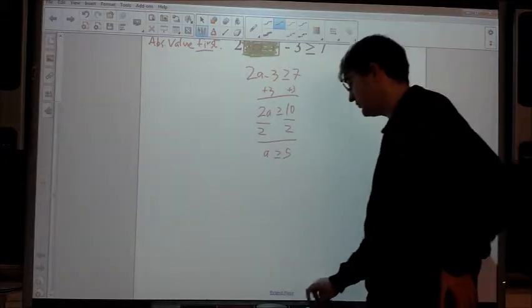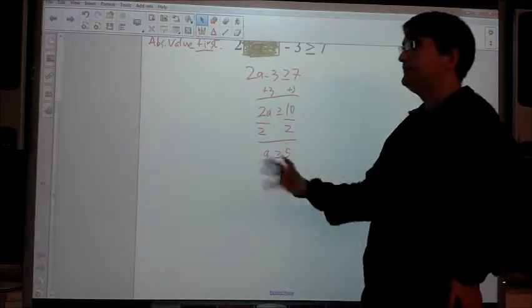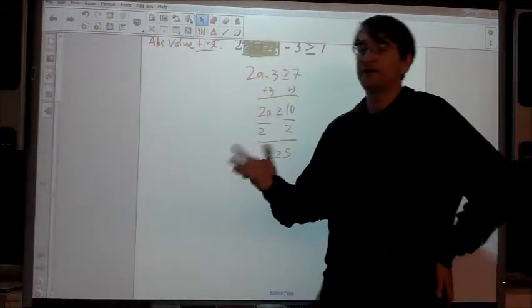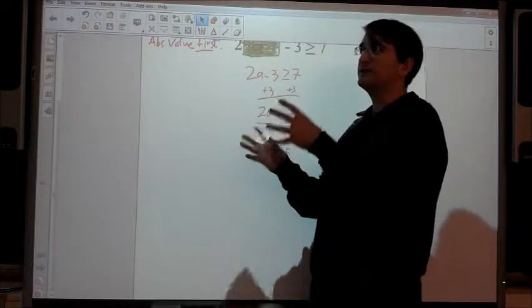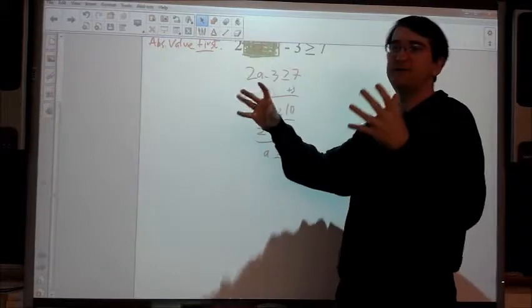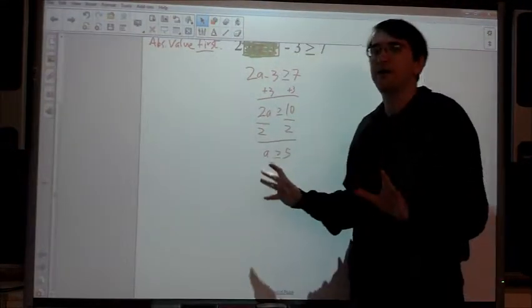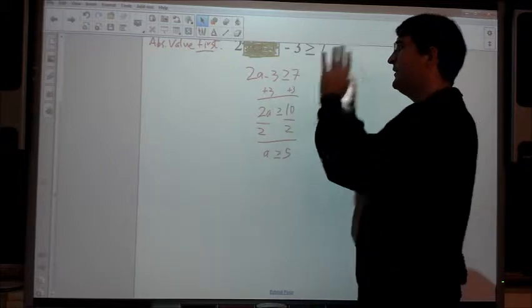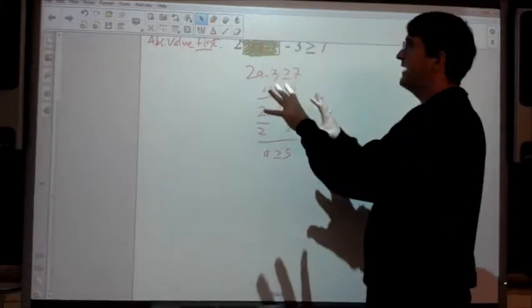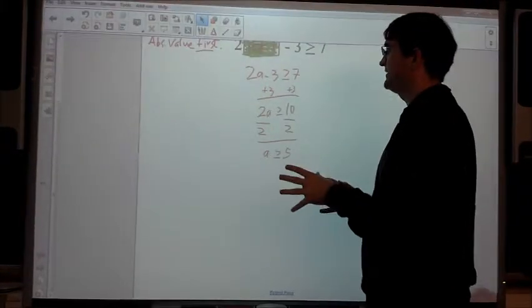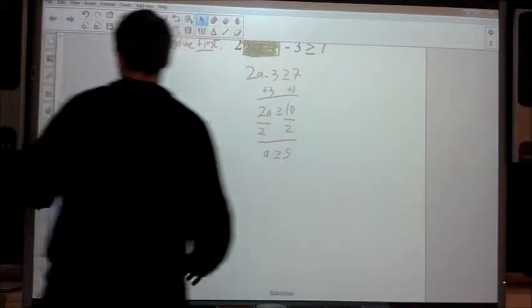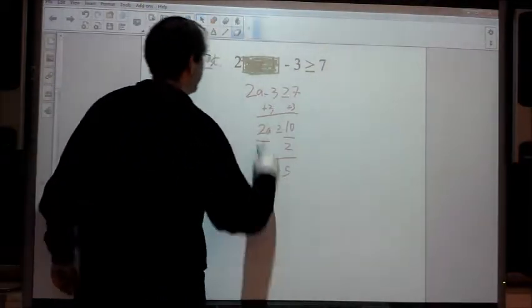They're not distributable parentheses. And you could argue that they are, but then we get into weird circumstances of whether that's a -2 and then we're putting a negative inside vertical bars, and just don't do it. Leave the vertical bars alone. Leave the absolute value expression by itself and isolate it. So we have a is greater than or equal to 5.